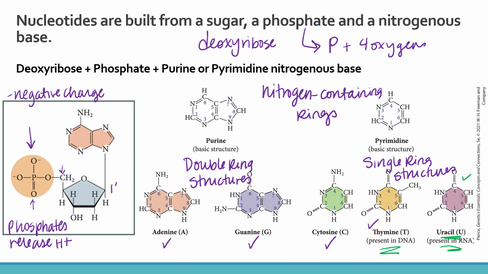I would like you to know which of the molecules are adenine, which are guanine, which are purines and which are pyrimidines. Adenine and guanine are our 2 purine structures, and then cytosine, uracil, and thymine are the pyrimidine structures with only the single ring.